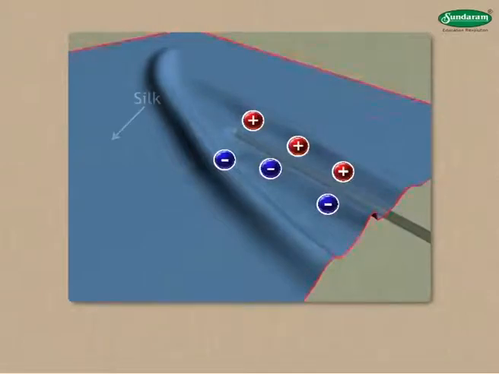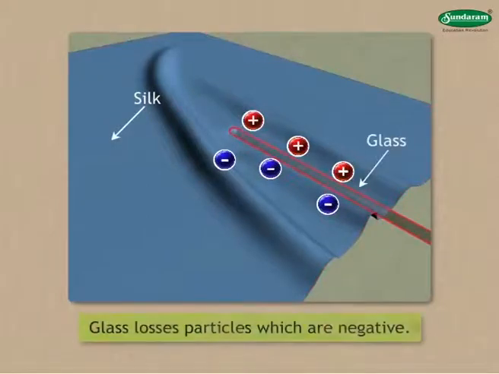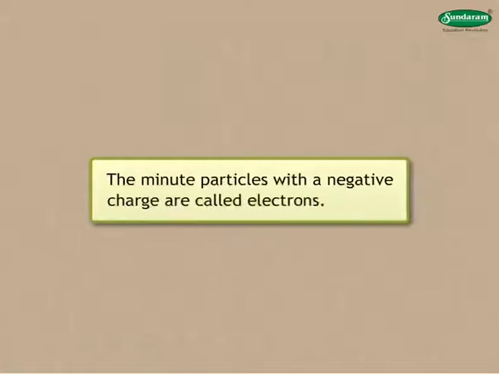Example, when silk is rubbed on glass, the glass, from which particles are removed, loses negative charge. Hence, it develops a positive charge. The minute particles with a negative charge are called electrons.